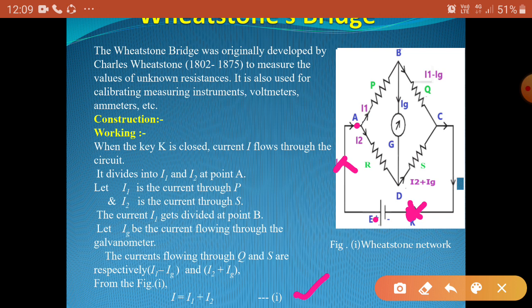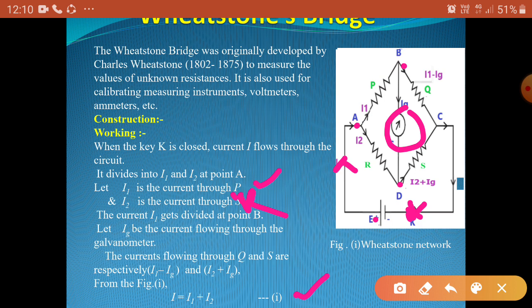Now the current I1 passes through the resistor P, and current I2 passes through the resistor R. Then I1 reaches point B, and I2 current reaches point D. Current Ig passes through the galvanometer G, and the remaining current I1 minus Ig passes through the resistor Q.